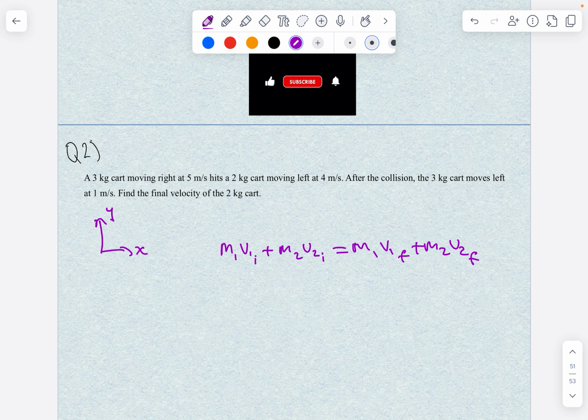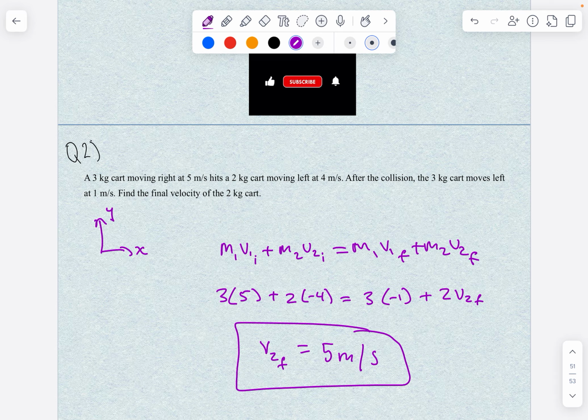Now if I plug everything in, we'll get 3 times 5 plus 2 times negative 4 is equal to 3 times negative 1 plus 2 v2 final, because the 2 kilogram cart is my object 2. Now rearranging and solving for v2 final, we get that this is 5 meters per second.